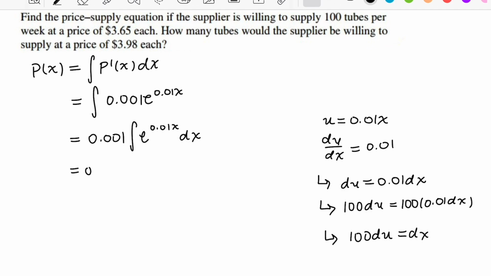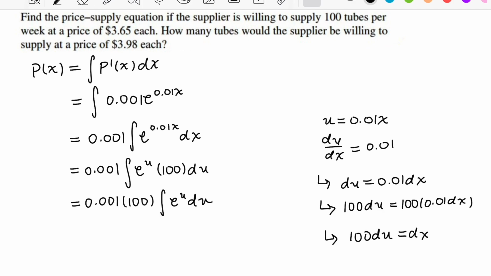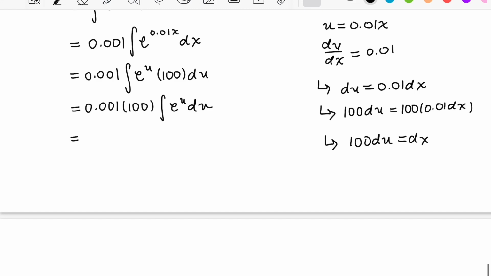So plugging this information into our integrand, we have this here. So we can pull out this factor of 100 as well, and just take the integral of e to the u here. So we'll get 0.001 times 100 is going to be 0.1.